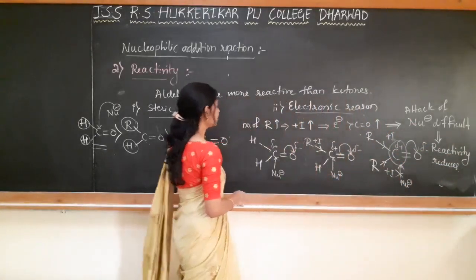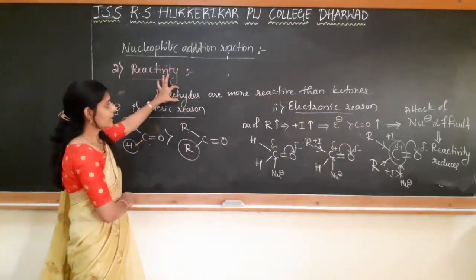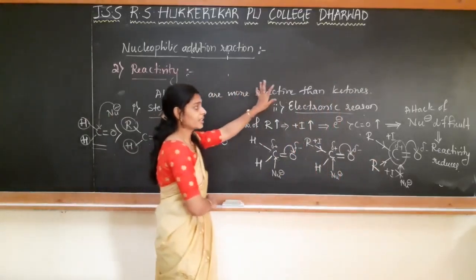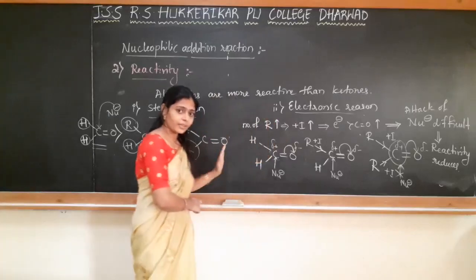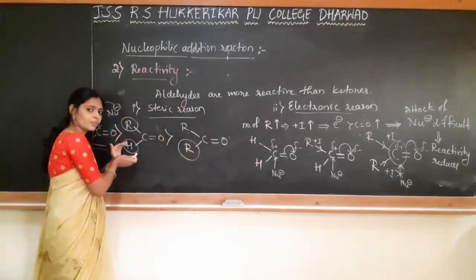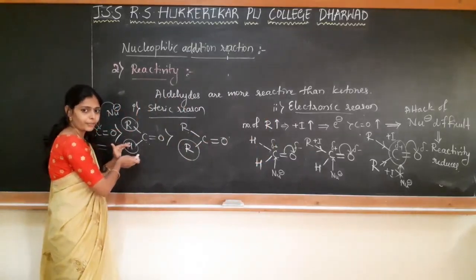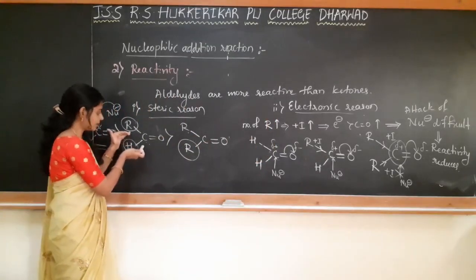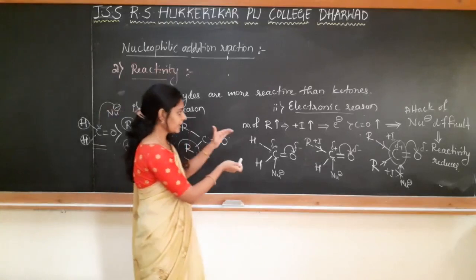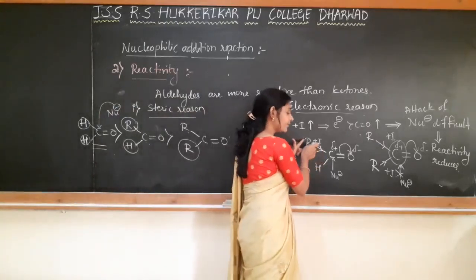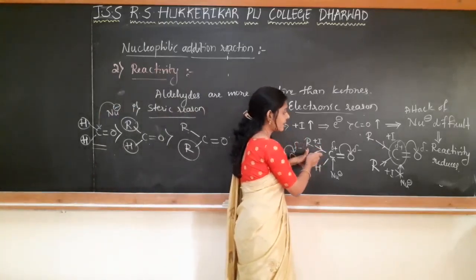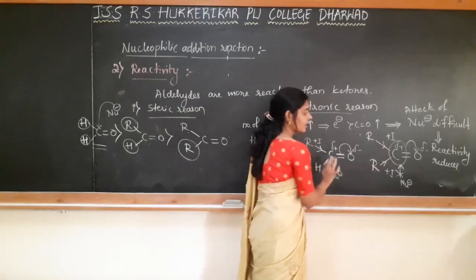So these are the two reasons why aldehydes are more reactive than ketones. In the case of an aldehyde, we have one smaller hydrogen atom, so there is less steric hindrance for the nucleophilic attack. And the second thing is, as there is only one alkyl group, the plus I effect is less compared to ketones.